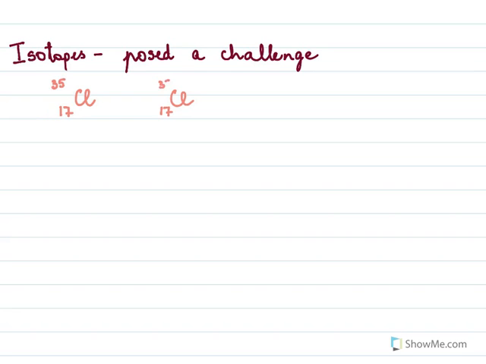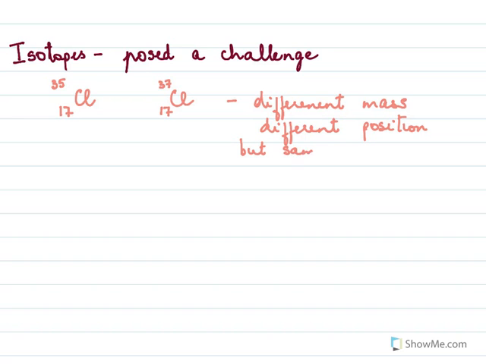One is 35 and one is 37. So since they have different mass, they will occupy different positions, because the table was arranged according to the atomic mass. So they'll have different positions, but they have the same chemical properties.